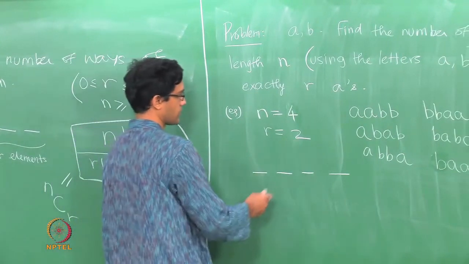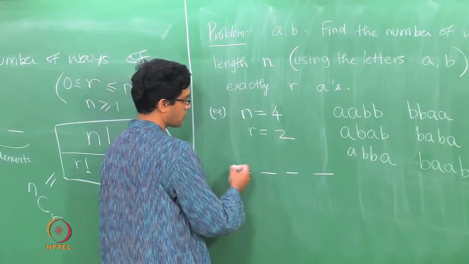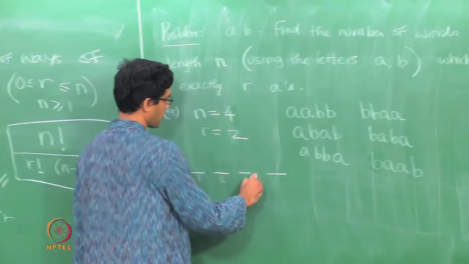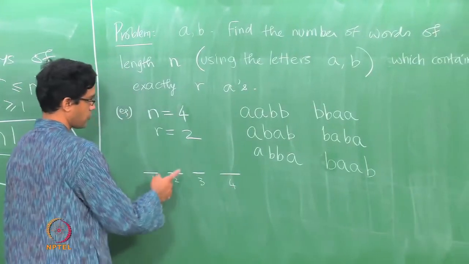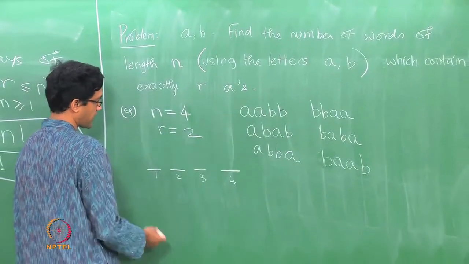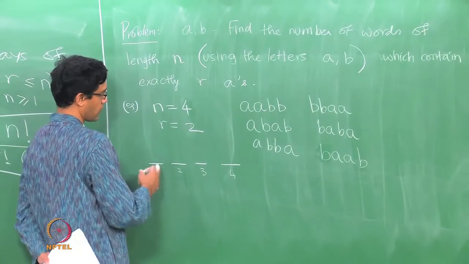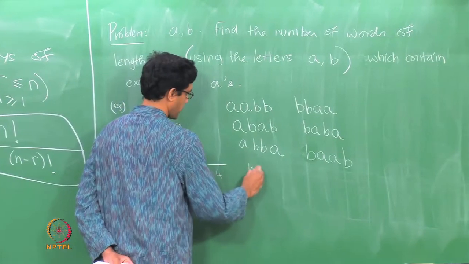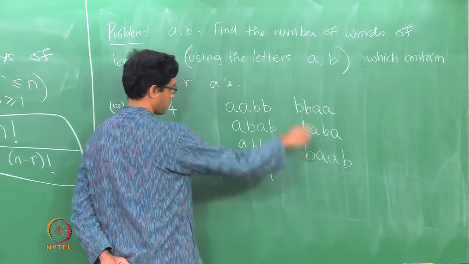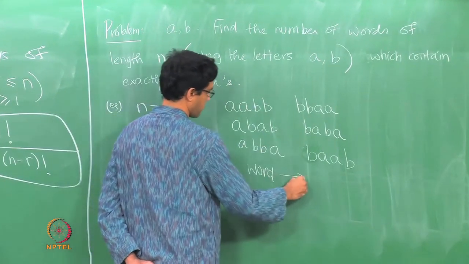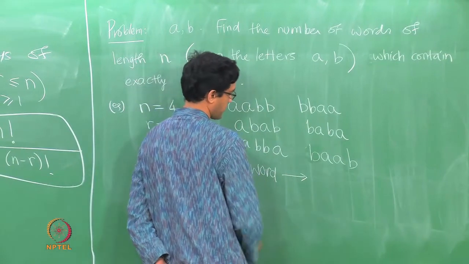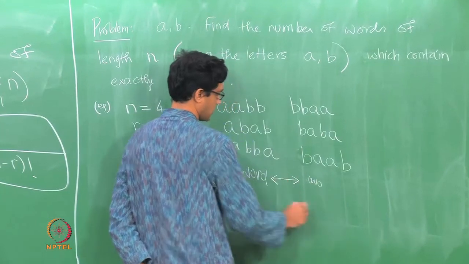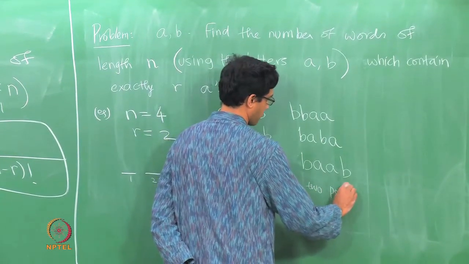So out of these 4 positions I need to fill 2 positions with A's, and if I just number the positions as 1, 2, 3 and 4, to obtain a word like this, all I need to do is figure out which 2 positions will be filled with A's. So each word of this kind gives me the following piece of information. It tells me 2 positions, which is the same information as the 2 positions which have A's in them.